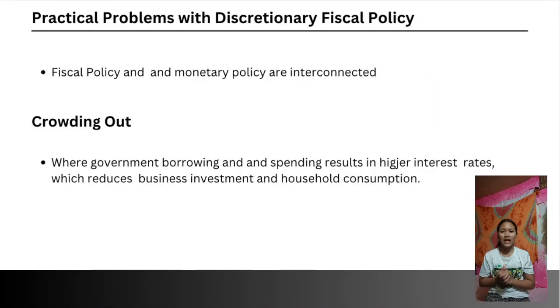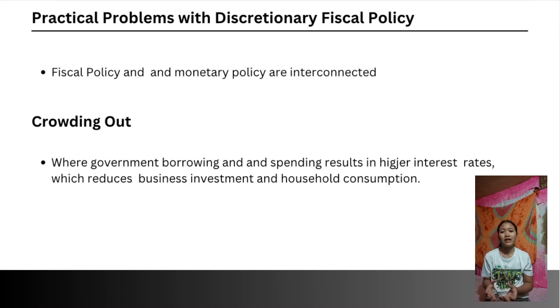Next, I'm going to tackle the practical problems with discretionary fiscal policy. But before that, let me first explain the interconnection of fiscal and monetary policy. Always remember, fiscal and monetary policy are always interconnected. When we say fiscal policy, it refers to government spending and taxation, and monetary policy refers to central bank actions like setting interest rates.